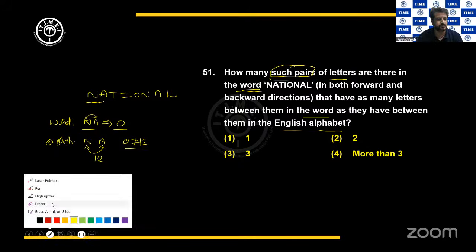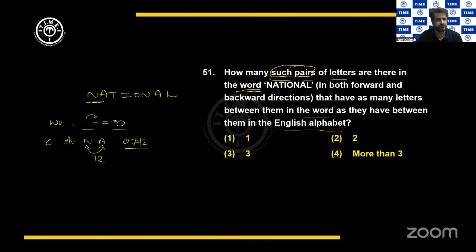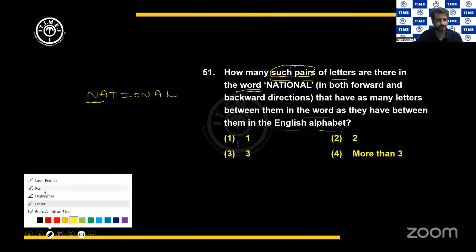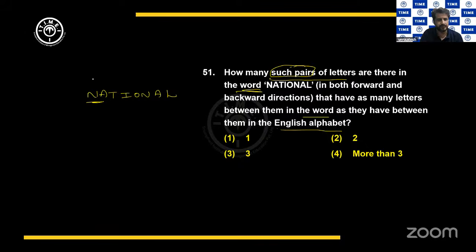So how is the question to be solved? We have a simple approach to solve this question. But for that, you should be a little bit thorough with your English alphabet, ABCDs. Everyone knows that, but you should know how to properly utilize it in this question. So just simply start from the N. First check in the forward direction.